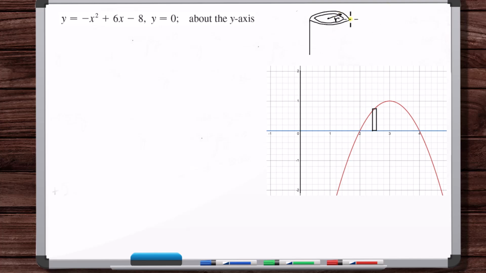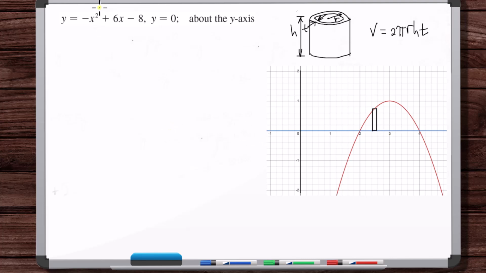So you go 2 pi of that r value and get the circumference. Then you multiply that times h, and then you multiply by the thickness. And we can see that the thickness is going to be the delta x, the delta independent variable.